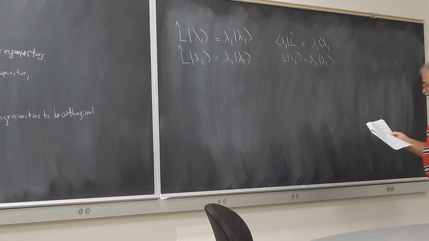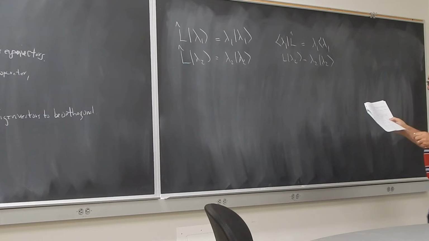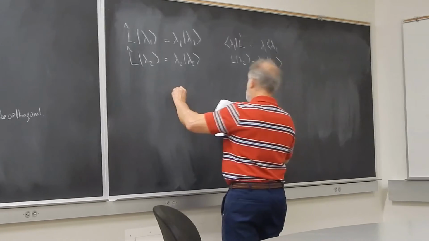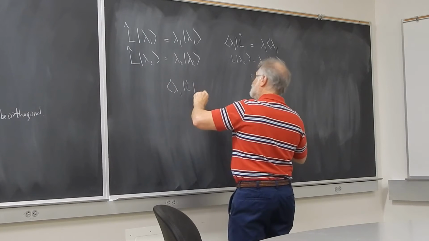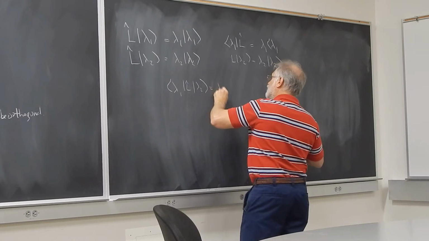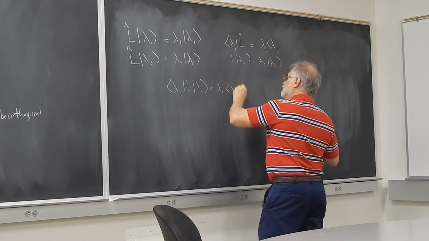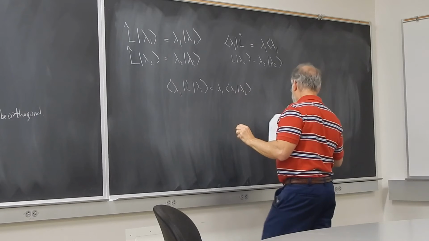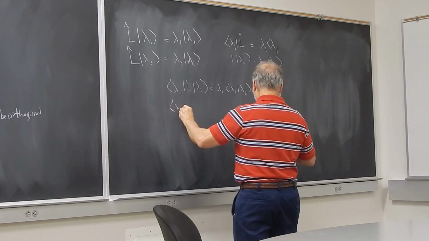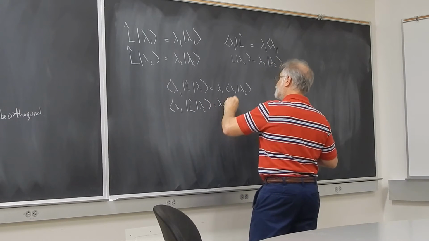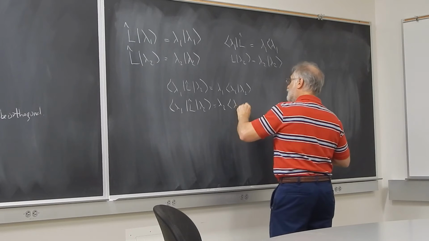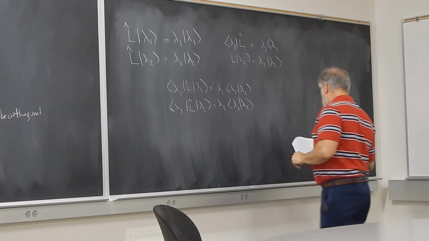Now watch what happens. Let's do the inner product of lambda 2 with the first equation, and let's do it with lambda 1 for the second equation. So we'll get bra lambda 1 times L ket lambda 2 is equal to lambda 1 bra lambda 1 ket lambda 2, and bra lambda 1 L ket lambda 2 is equal to lambda 2 bra lambda 1 ket lambda 2.